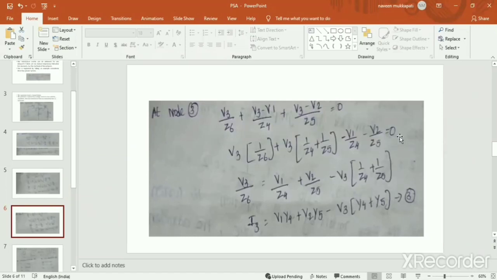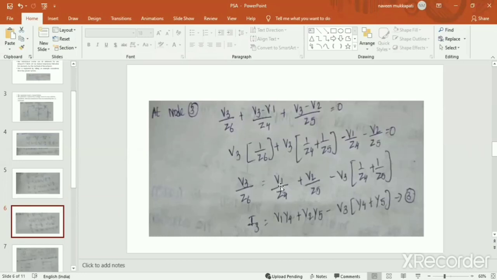Then V3 by Z6 is equal to V1 by Z4 plus V2 by Z5 minus V3 into (1 by Z4 plus 1 by Z5). V3 by Z6 is I3.